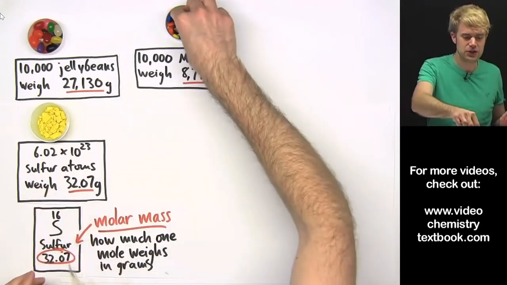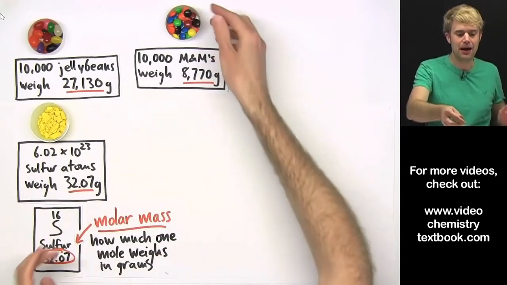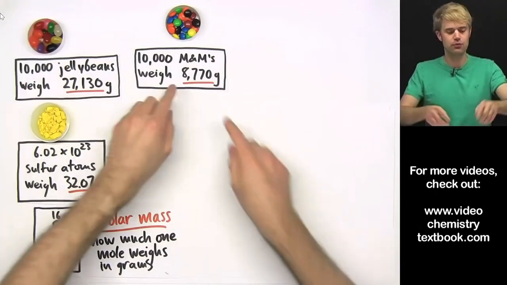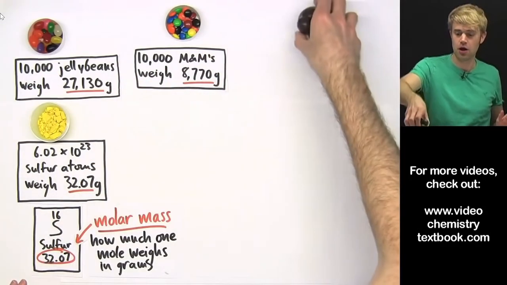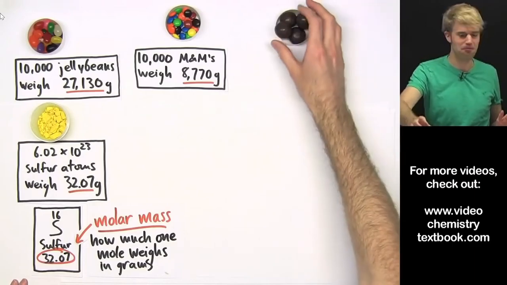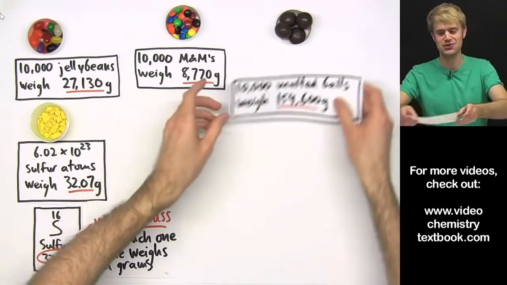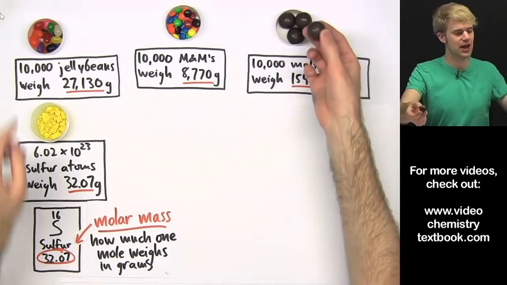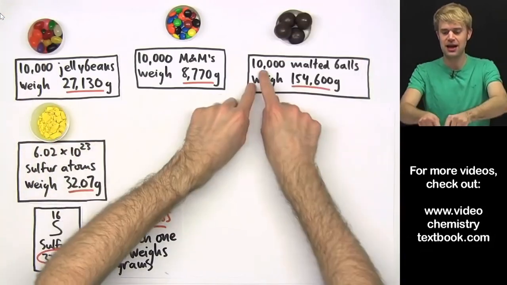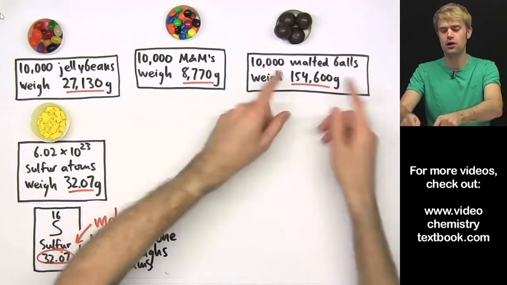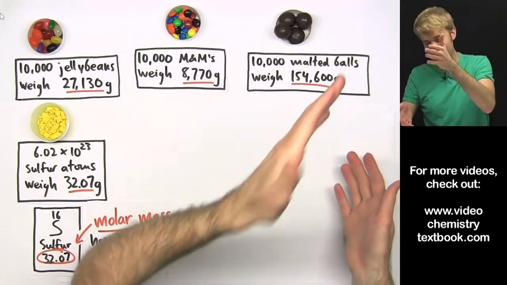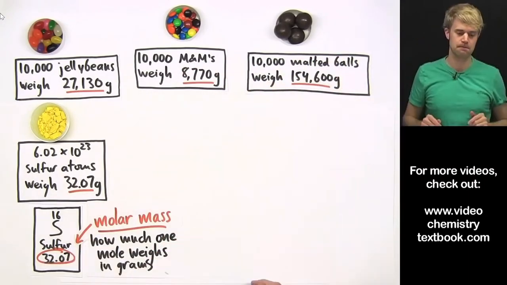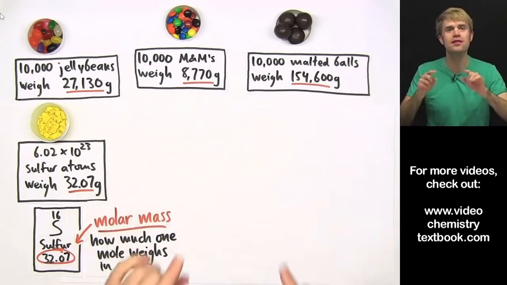They weigh less because one M&M is much lighter than one jelly bean, so 10,000 of them are going to weigh less. On the other hand, a candy like one of these chocolate malt balls, very delicious, are a bunch heavier than the jelly beans, so 10,000 malt balls are going to weigh a bunch more, 154,600 grams.